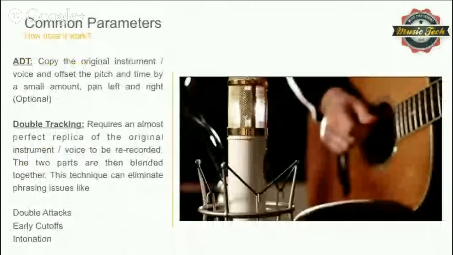So the common parameters of these two techniques are very, very simple. This is why I encourage my students to do this a lot, because it is ridiculously simple. The common parameters of ADT is basically record a part, copy it in your DAW, so in Logic or Cubase or whatever, just do an instant copy onto another track, and then use the tools normally located on the left-hand side, and I'll show you where they are in Logic in just a second, to offset the delay.